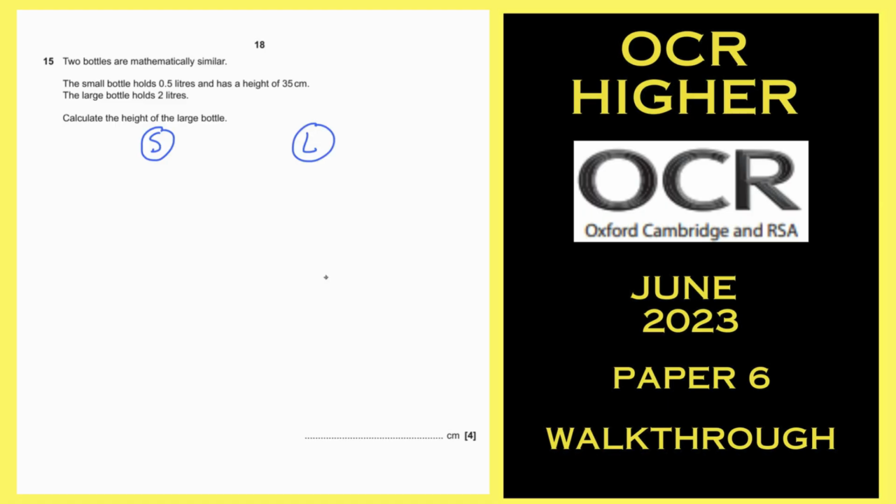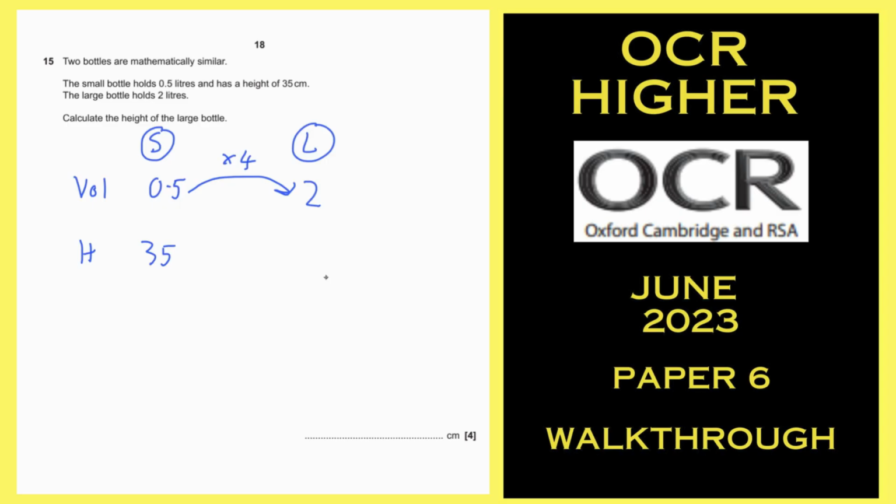When we are talking volume, the small bottle holds 0.5 and has a height of 35. The large bottle holds 2 litres. Stop right there. That means there is a volume scale factor of 4.